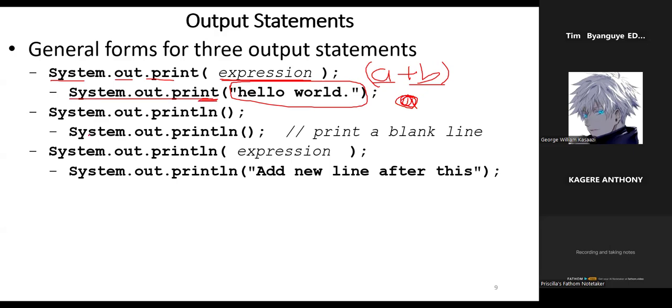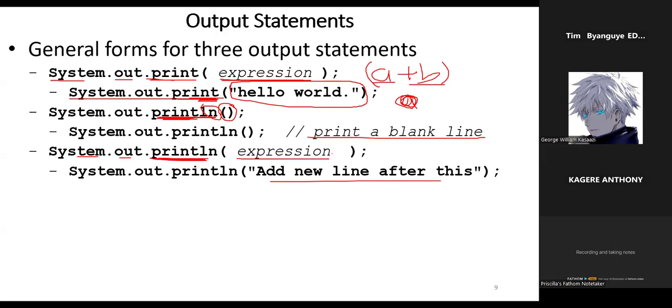When you just use it like this, it gives a blank line. Whereas the last one takes in some sort of expression. System.out.println, and you give it an expression. When it is done printing information, it will automatically go to the next line.